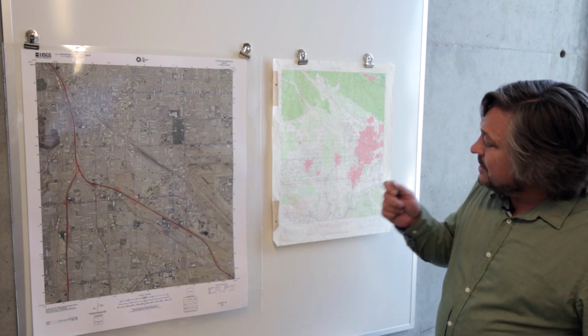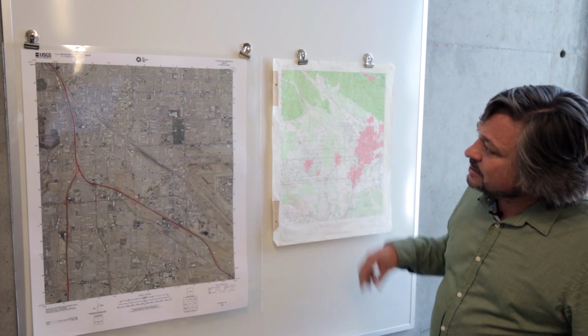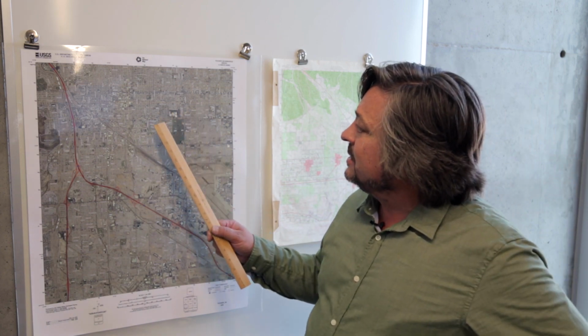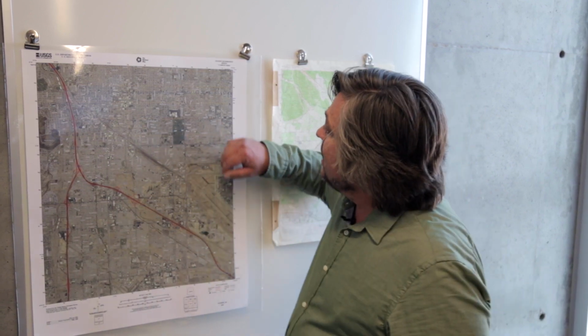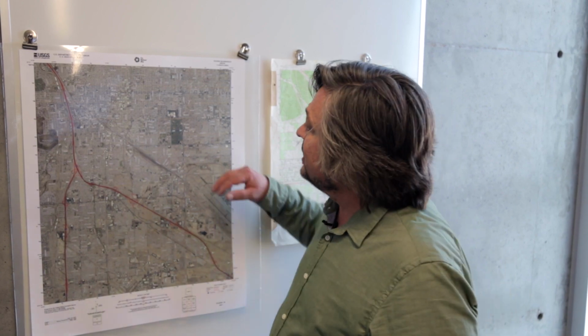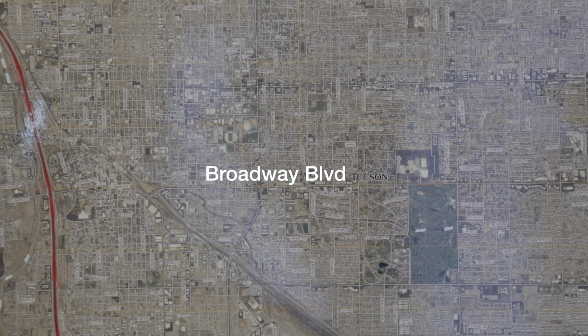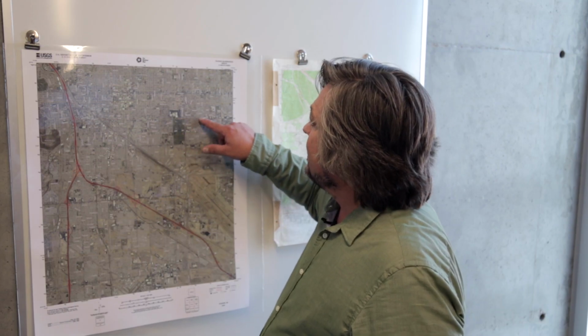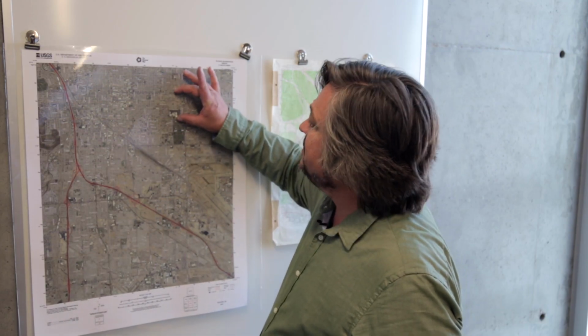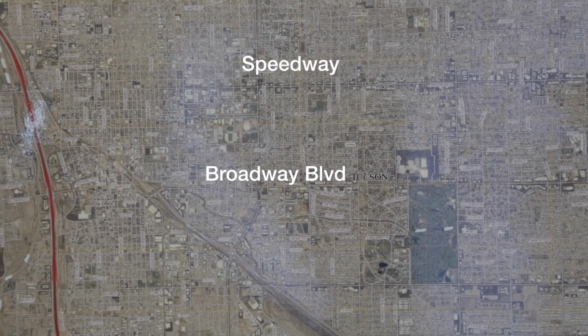And then we break down each of the little pieces by the grid. You can somewhat spot the grid on the Tucson map, even though township and range isn't labeled, by the streets themselves, that the streets reference the township and range system. So if we go over here, this is Broadway Boulevard, and we go up to here, there's Speedway Boulevard. In between these is 1 mile square. And then you can go and do the other one.